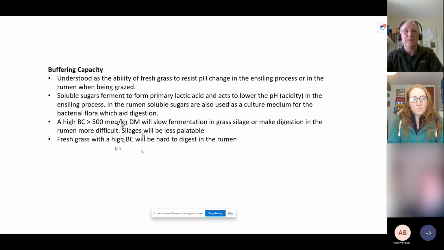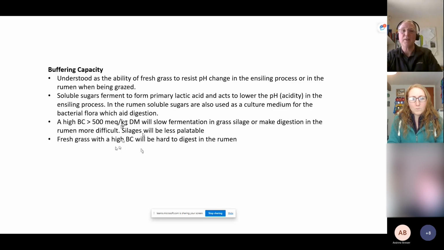So it's very important to have a certain amount of sugars and also an ability to change the pH quickly in the silo. In some cases we use additives. In some cases the actual grass will do it naturally. Depending on where you are in your grass sward, how clean, how new your sward is, the less resistance you have and the lower the buffering capacity.